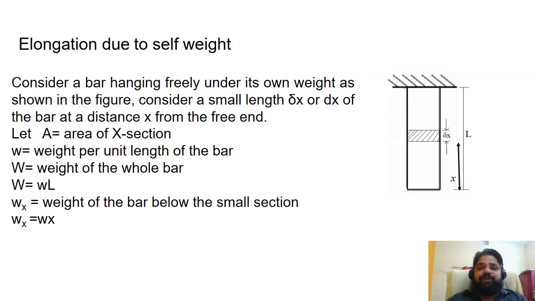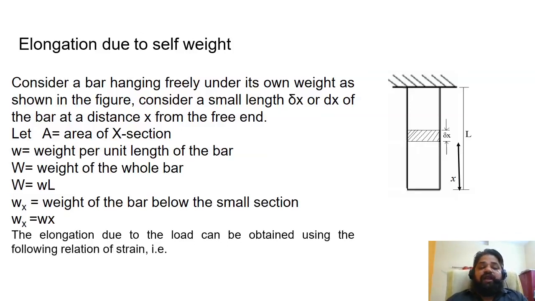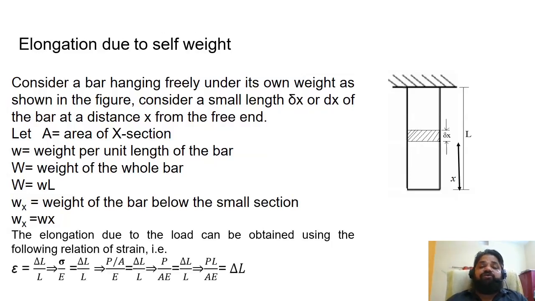Now the elongation due to the load can be obtained using the strain relation: epsilon is equal to delta L by L, which equals sigma by E. Again, sigma can be represented as P by A.